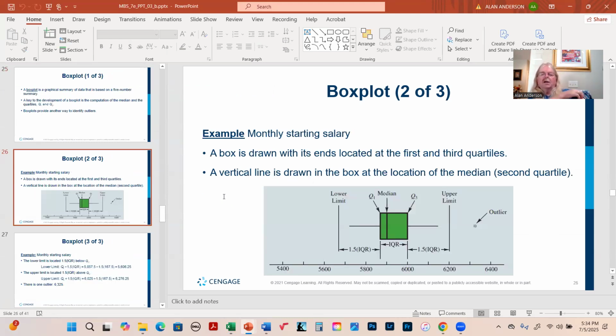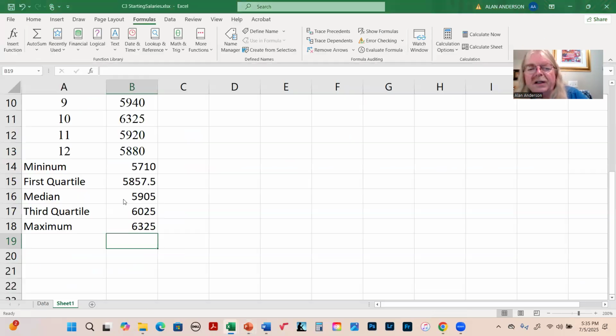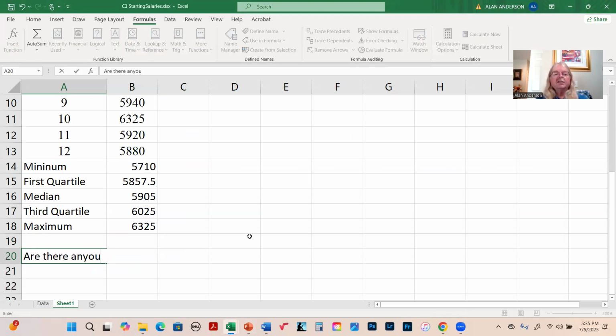This is the box plot. Now, by the way, I just want to point out here that they're using a different definition of outliers. That's again because we're not assuming that this is normally distributed data.